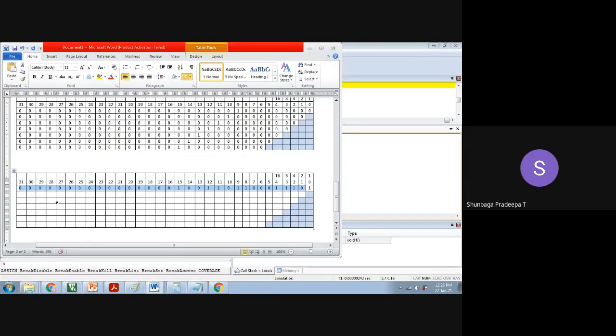So when you right shift this, what happens? Every bit will be shifted right side by 1.